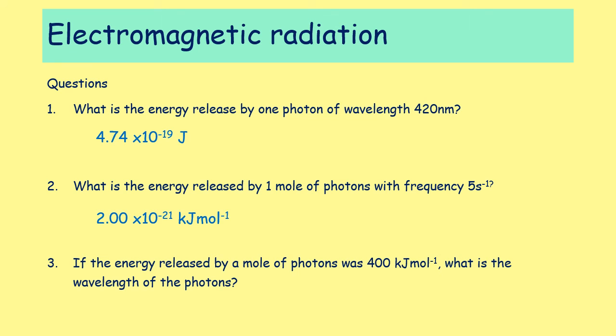And for the final one, if the energy released by a mole of photons was 400 kilojoules per mole, what is the wavelength of the photons? So it's 300 nanometers. For doing this, you would be starting with the equation E equals LHc over 1,000 lambda and reorganizing it to find lambda, which would be lambda equals LHc divided by 1,000 multiplied by the energy.